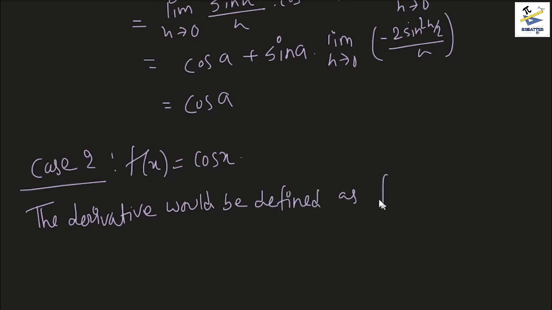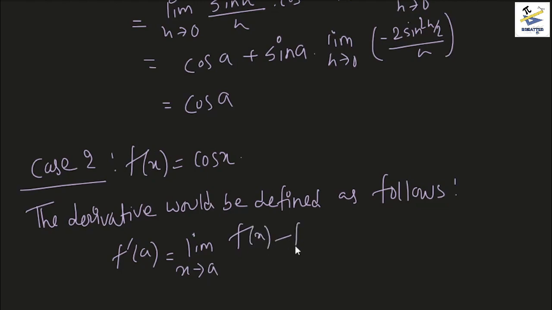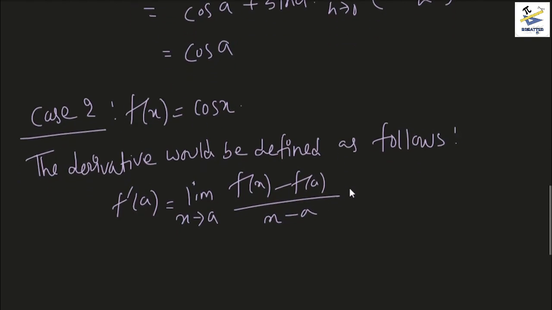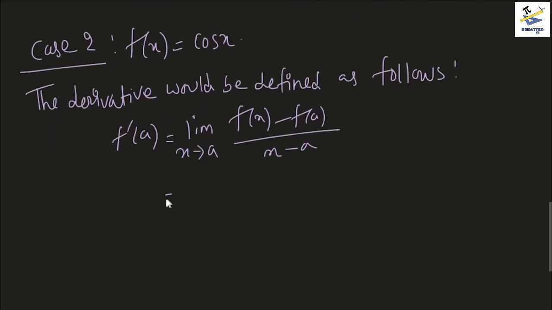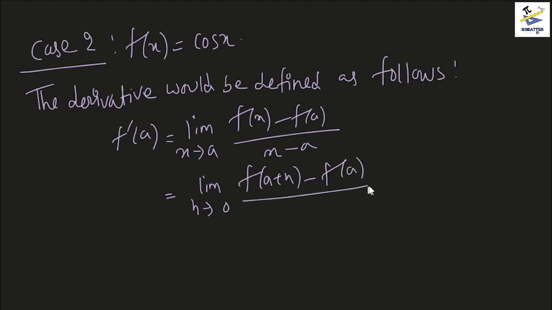Defined as follows. f dash a would be equal to limit x tends to a of f of x minus f of a by x minus a, from which we can substitute h equals x minus a to find the new definition which was more useful to us, which is f of a plus h minus f of a divided by h, right?